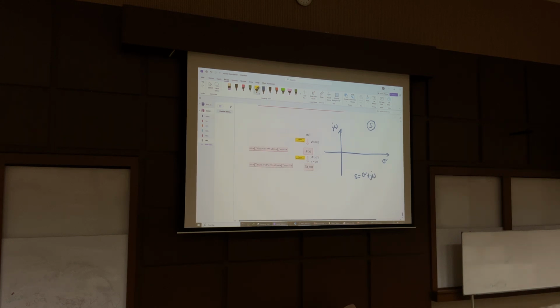And if we look just at this value here, we have S equal j omega, and that corresponds to the Fourier transform.